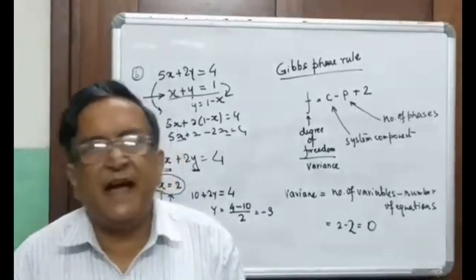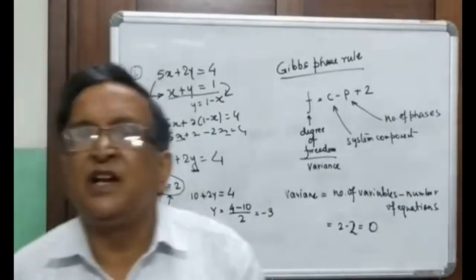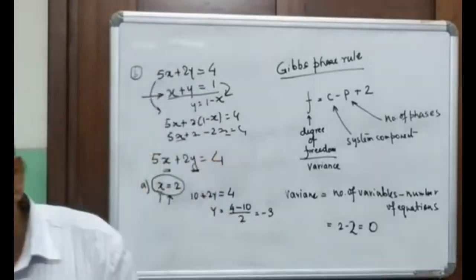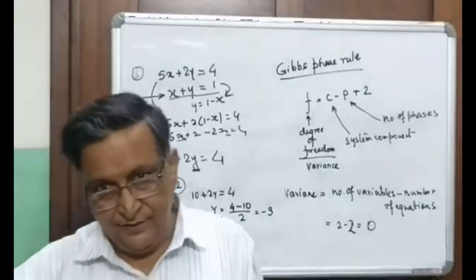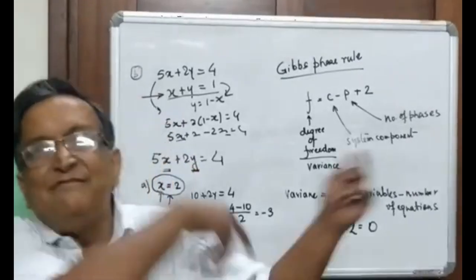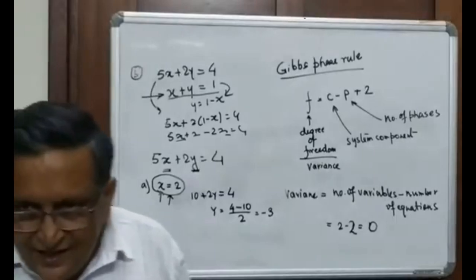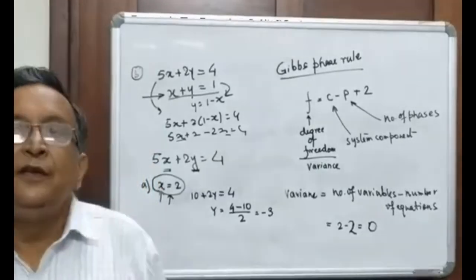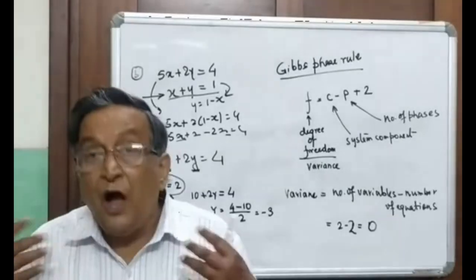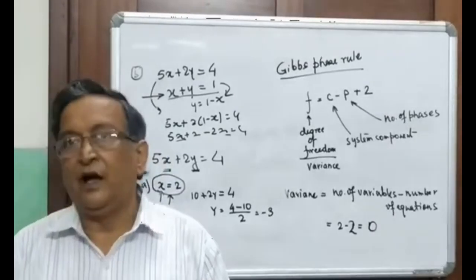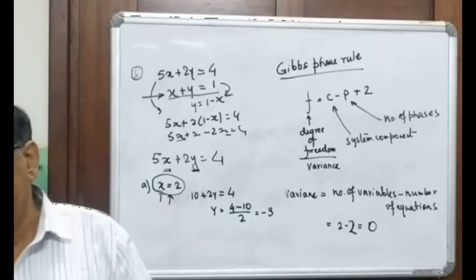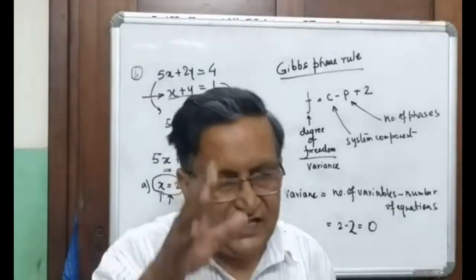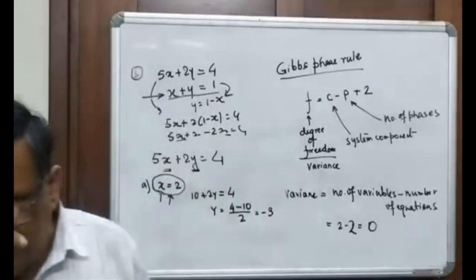The system by itself cannot generate the values, but it tells you what is not there. It doesn't tell you how many variables it can find out. It only tells you how many variables it can't find out. Have you understood? That is the catch of the Gibbs phase rule.